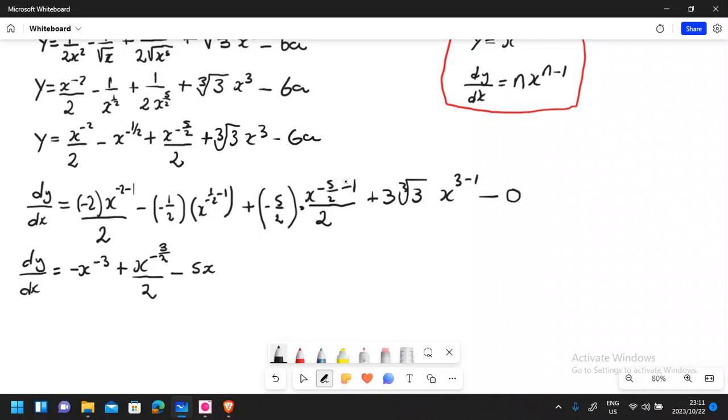This is going to give us 3.5. So what is 3.5? It's actually 7/2. So this is going to give us negative 7/2. We can double check it, guys, using our calculators.